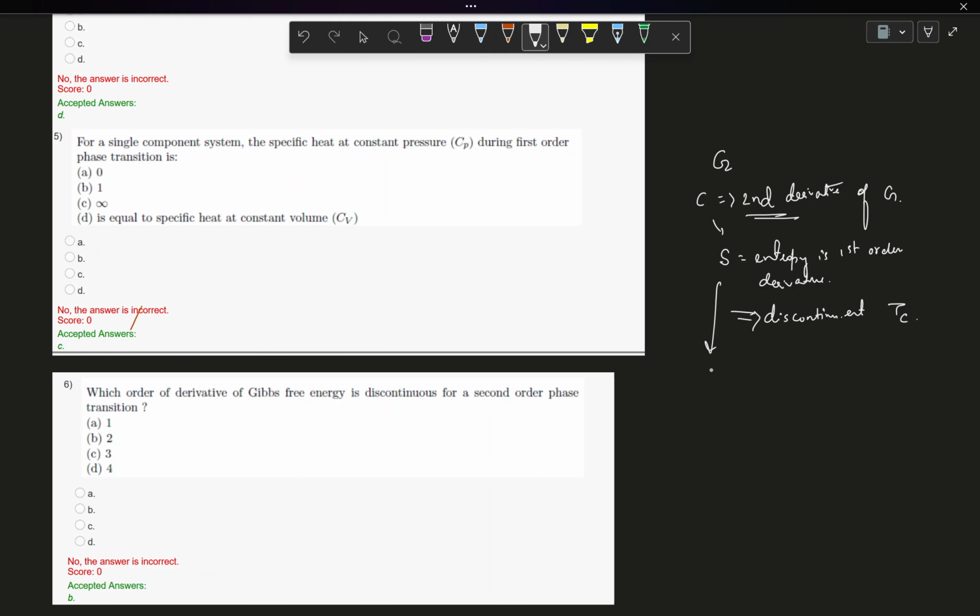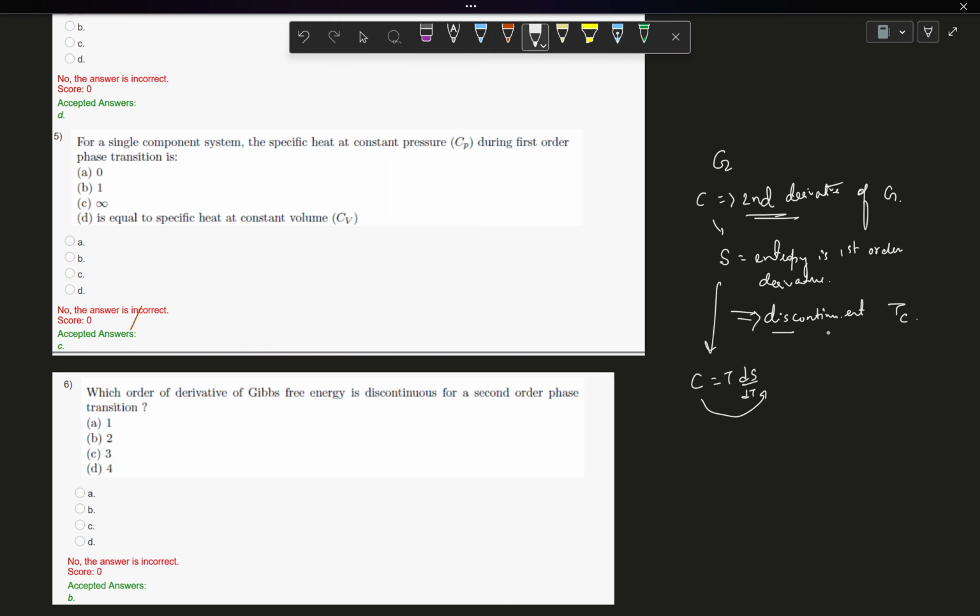So if entropy is discontinuous, and C, on the other hand, you know that this is T dS/dT. So C has a dependence on S, that it is the first order derivative of S, right? So you can say that if S is discontinuous at Tc, then at Tc C will be infinity, right?